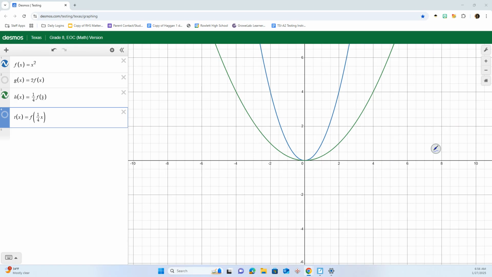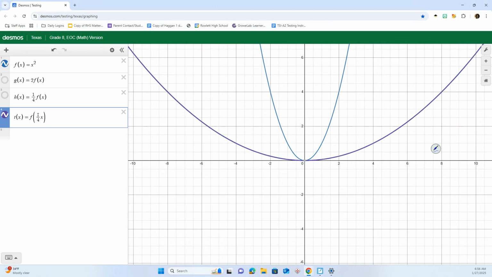But this number is directly affecting the y values. When the number is inside the parentheses it's directly affecting the x value, so it's even more of a vertical compression. But don't worry about all those technical terms. Graph and match it. Make sure that you start with your parent function and then graph them, see what it does. Okay.